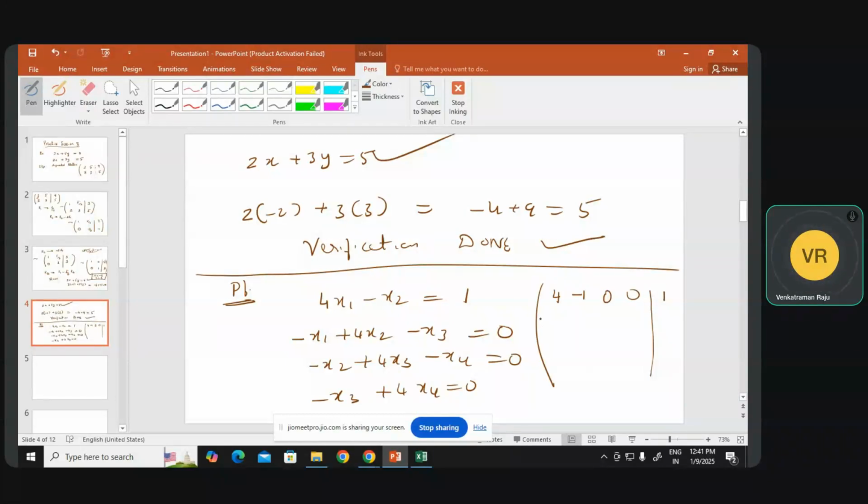Second equation is minus 1, 4, minus 1, 0, and 0. Then 0, minus 1, 4, minus 1, 0. Then 0, 0, minus 1, 4, 0. This is your augmented matrix. Let me write it down.